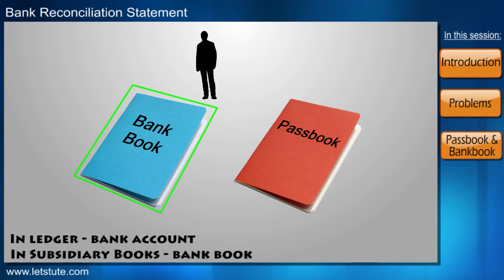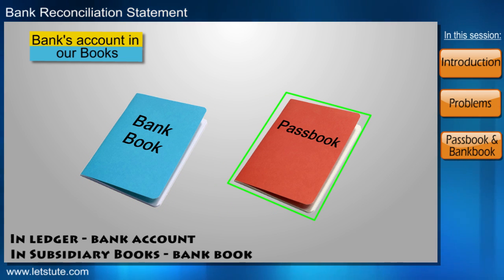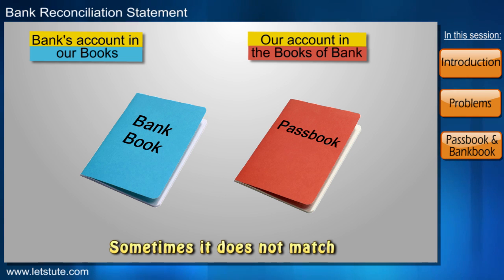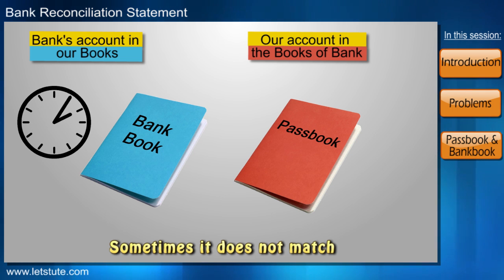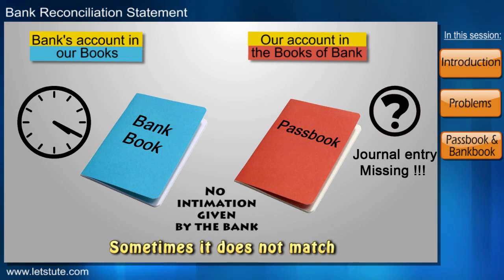This bank ledger or bank book is the bank account in our books of account, whereas the bank passbook or bank statement is nothing but our account in the books of the bank. These two books generally show a difference in amounts even if there is no mistake, just because of processing time, or sometimes because no intimation is given from the bank, and sometimes because of errors and omissions.